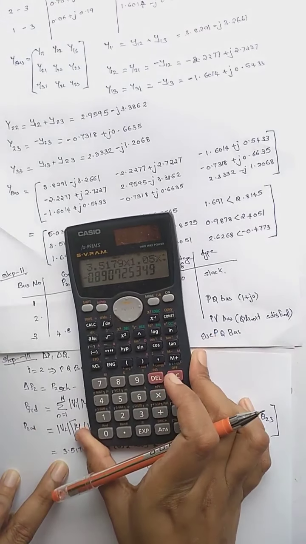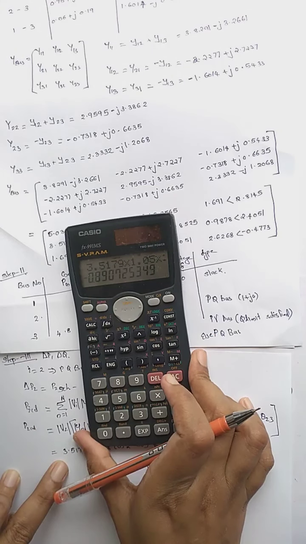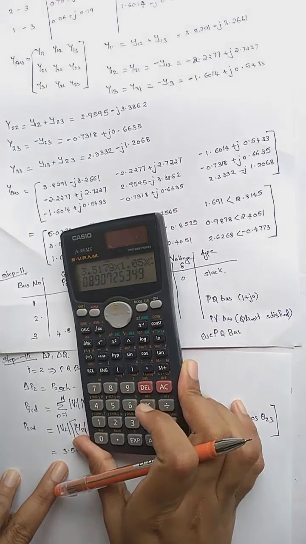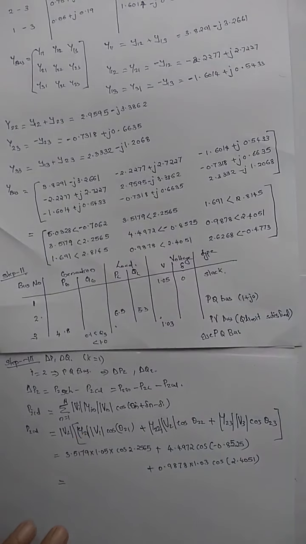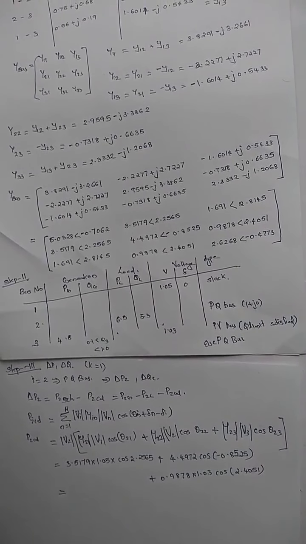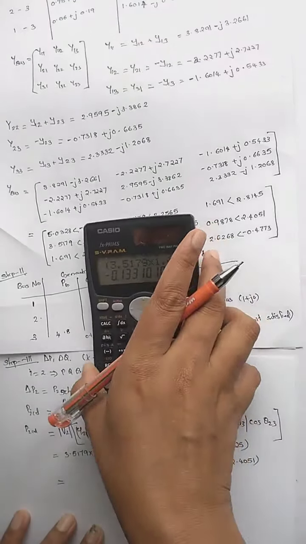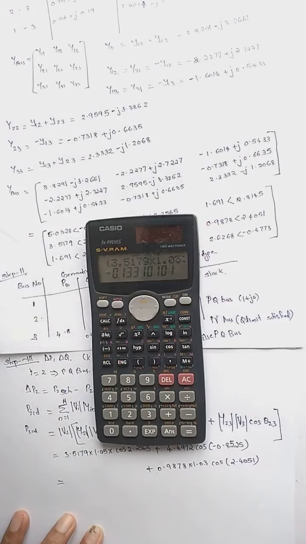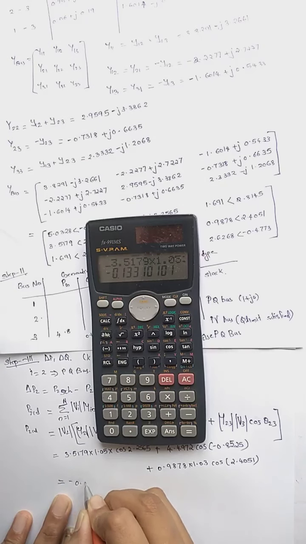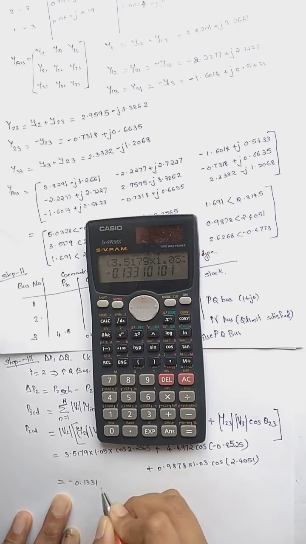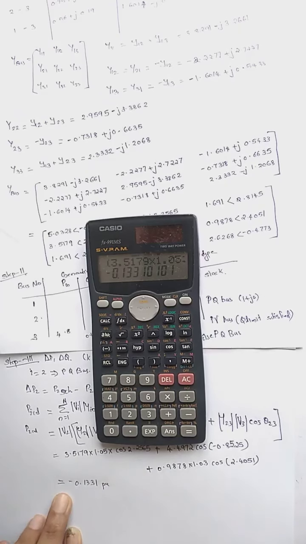So that value, my P2 calculated value, I got it as minus 0.1331 per unit.